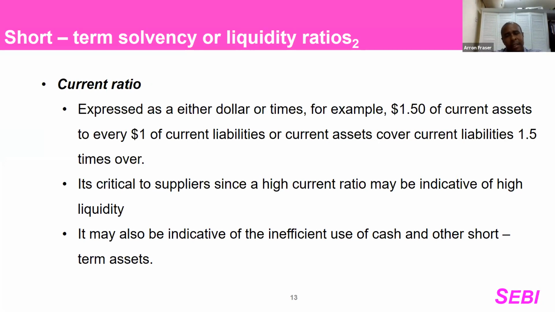So in the case of you having a high liquidity, it might be saying you have lots of cash that is not being invested, right? So it's sitting in the bank. Currently now in Guyana, I think all the banks pay less than 1% interest. So you just have the money there, earning less than 1% interest. When you can invest in a project, even if it earns 5% interest, you'll still be better off.